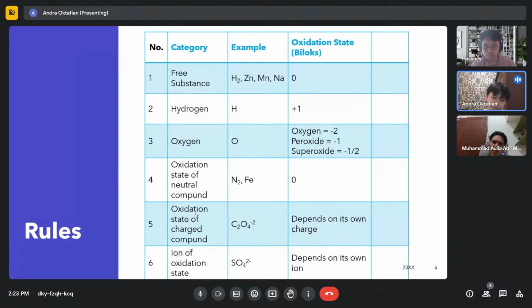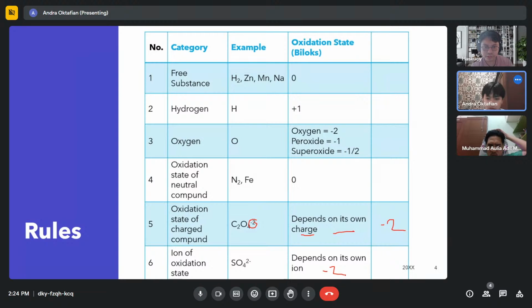The compound that is charged, like if it has -2, then the oxidation number would be -2, depending on its own charge. And number six, when it comes to the category of ion oxidation states, like sulfate, sulfate contains -2, so it would be -2 too.